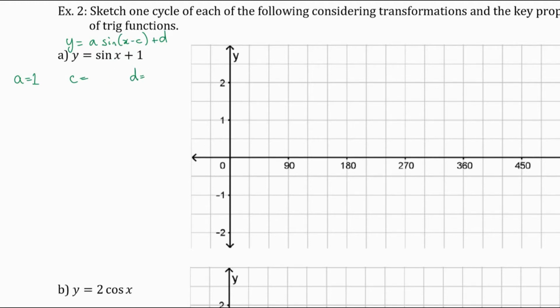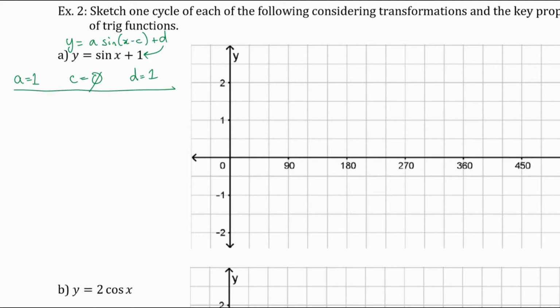So C is 0 and D is 1. This is the D value in this case. This is a really good idea, especially when you're starting, to write out the values of those variables based on the equation that you're looking at.